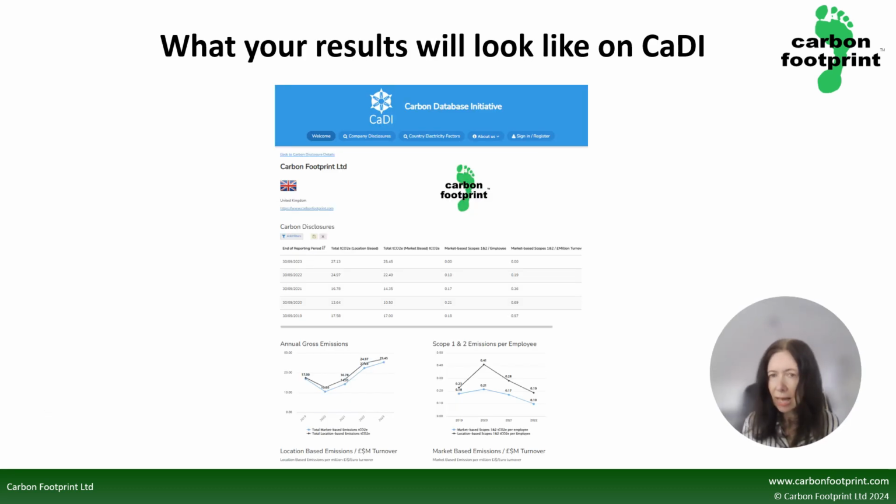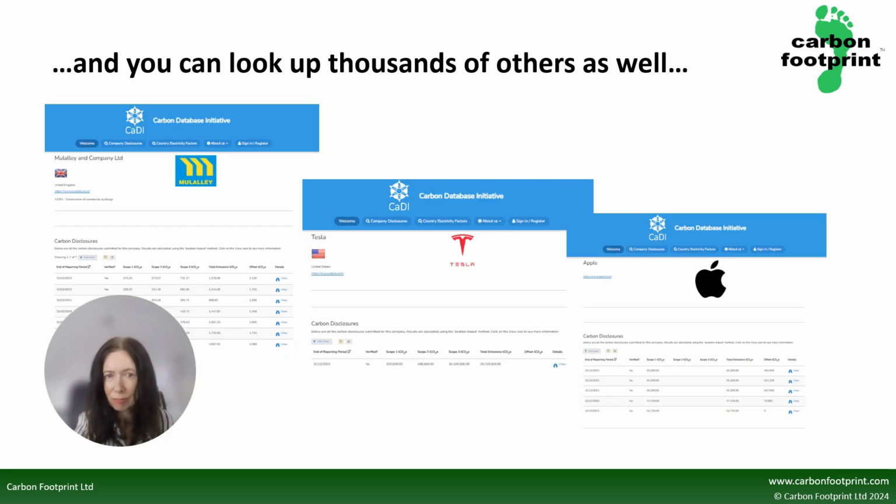Here's a typical CADI result, and you can see the progress of this particular business on the screen, and you'll get some graphical interpretation, but it is nice and compact and easy to understand. All the businesses on CADI look the same as well. You can look up maybe businesses that you don't know so well. You can look up global brands.